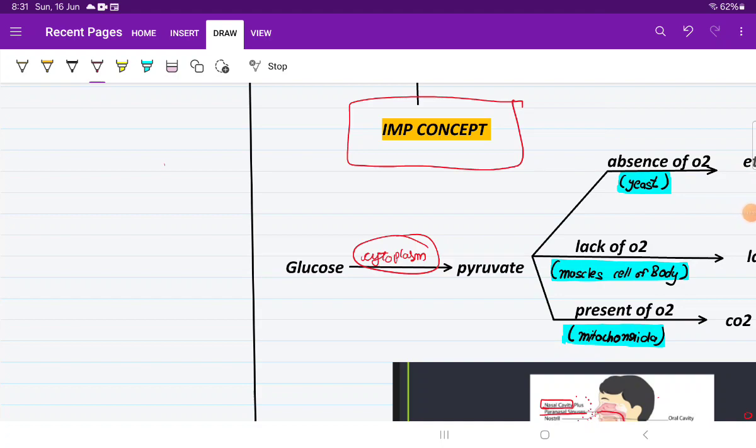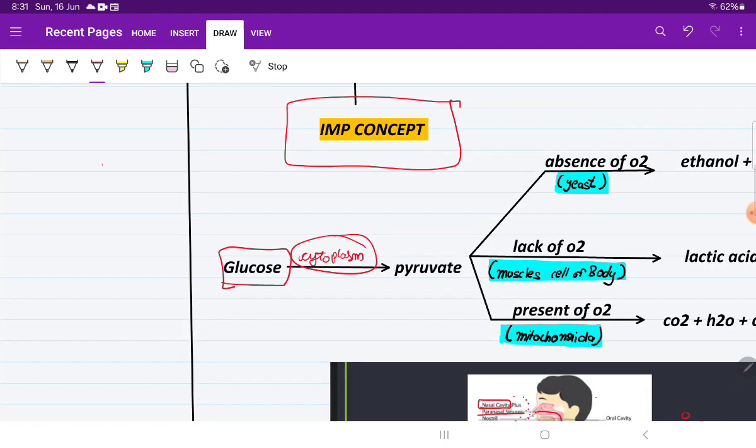Okay students, let's start with the important concept. First of all, glucose, we inhale glucose, then there is a cytoplasm. Then cytoplasm converts that glucose into 2 pyruvate.